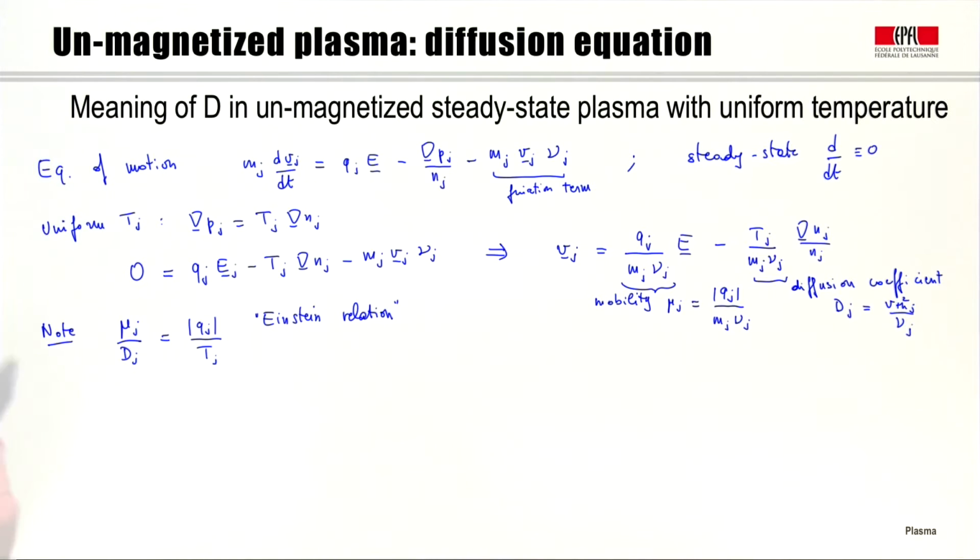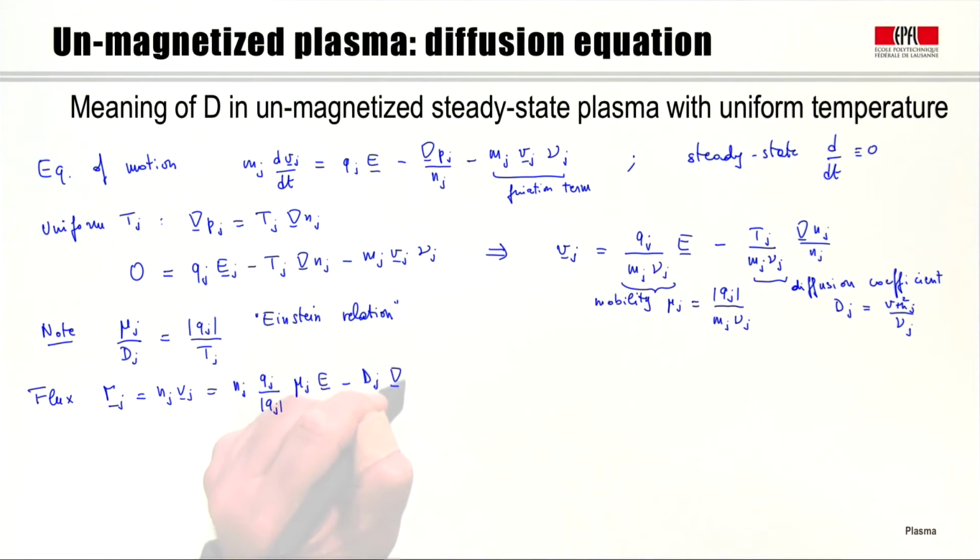Now we are interested in the flux, which we call gamma for species j. That's the density times the velocity. So we can use the expression of the velocity we have just found, and we get nj times the sign of the charge times mu j times the electric field minus the diffusion coefficient times the gradient of the density.